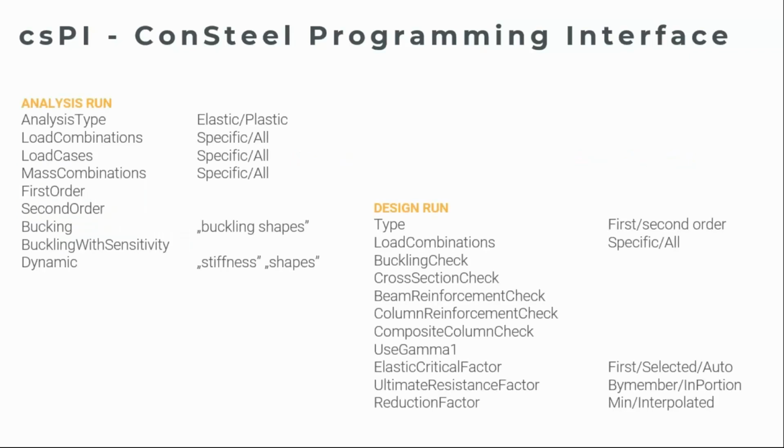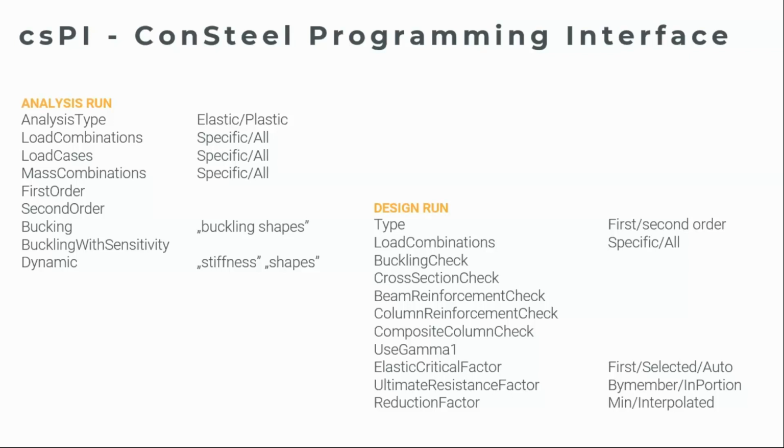But the first two big functions are the analysis run and the design run functions. In the analysis run function, what is implemented into this command is the content of the analysis parameter dialog in ConSteel.